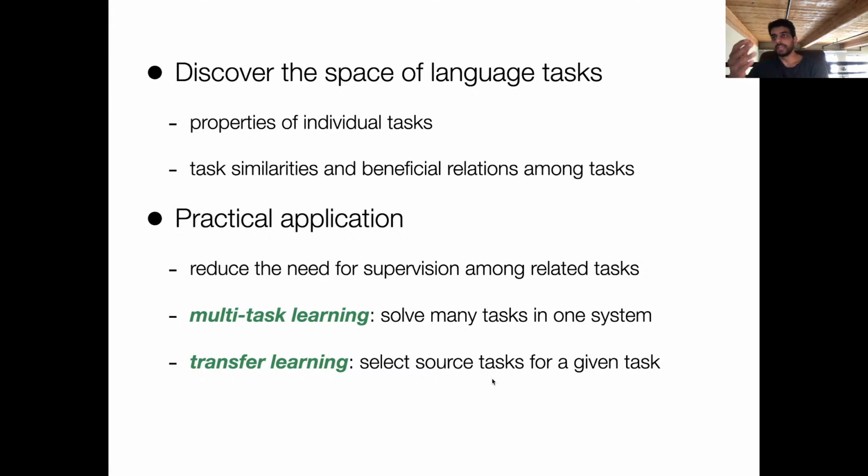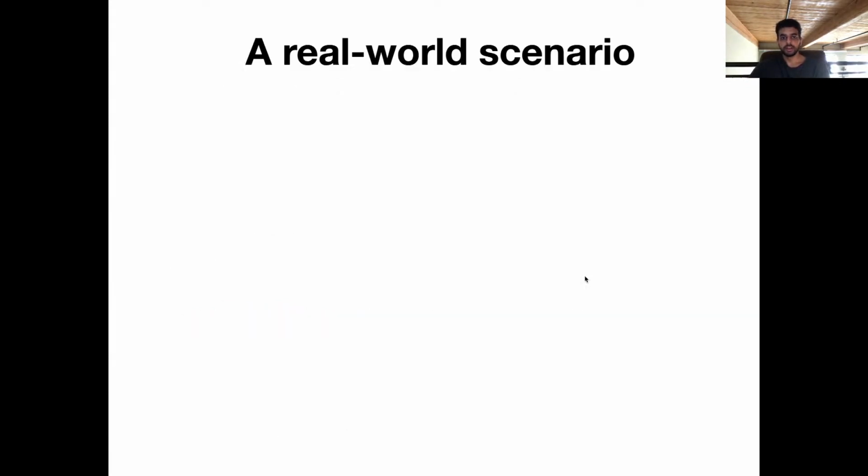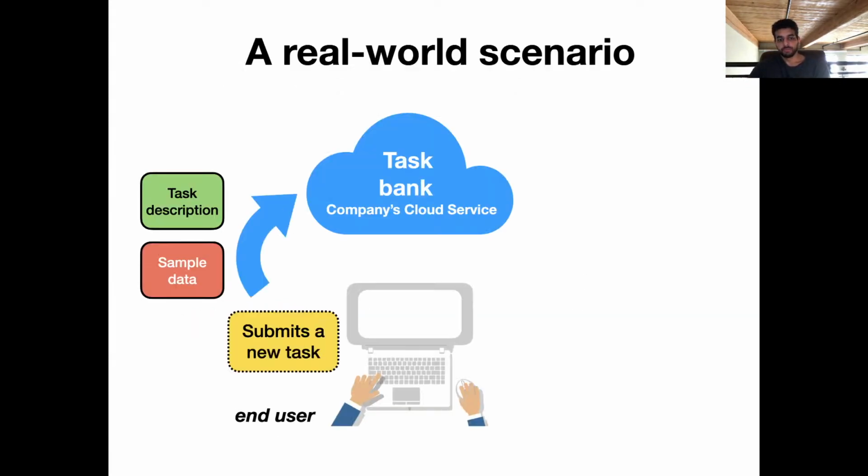And all of these kinds of works have practical applications, right? Because maybe I don't need to collect such a big labeled data set for my specific downstream task. I can leverage bigger existing data sets that are kind of related in some way to the one I want to solve.